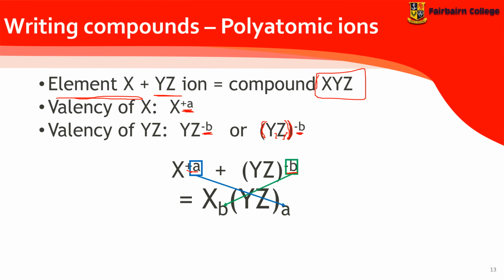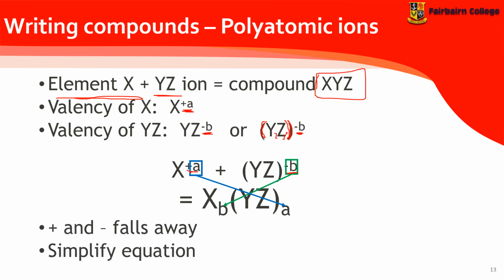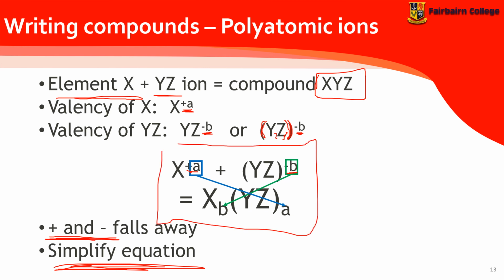The A goes over and the B goes over. And then just like in the previous examples, the positive and negative falls away and you have to simplify the equation. Okay, so I hope this makes sense, but again, the easiest way to get better at doing this is to do a few examples. So let's look at a few.